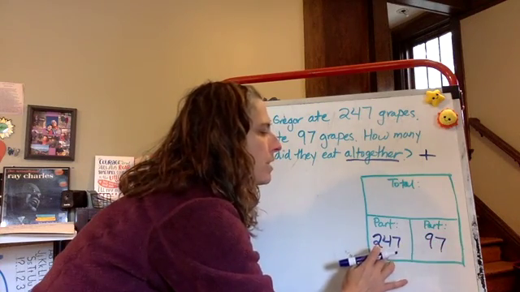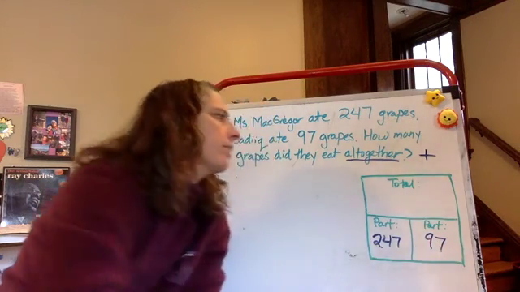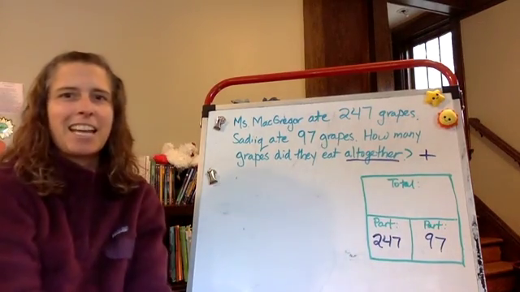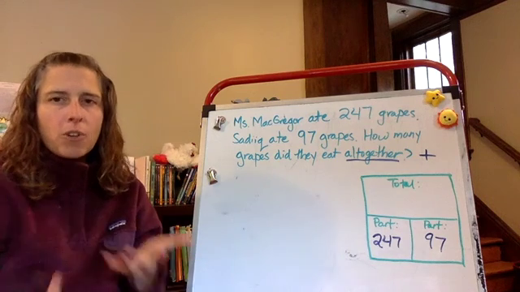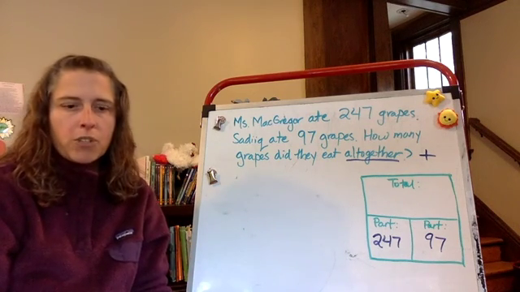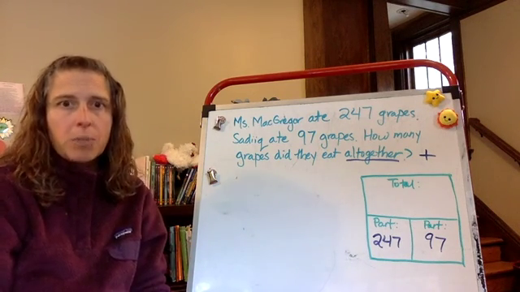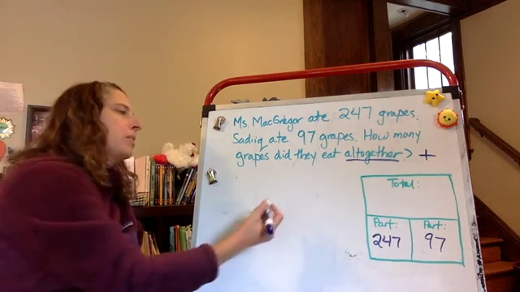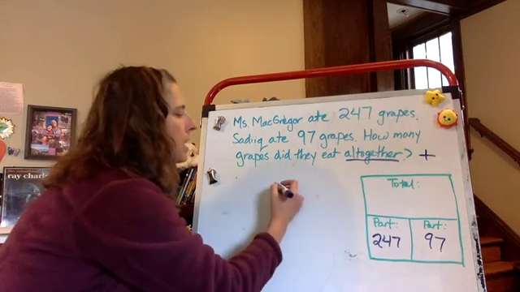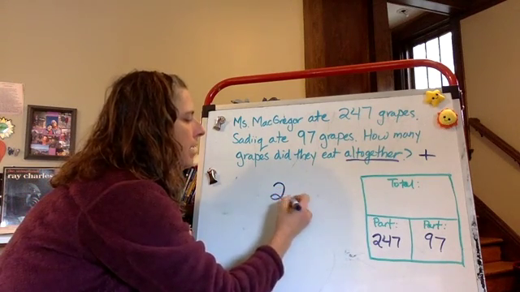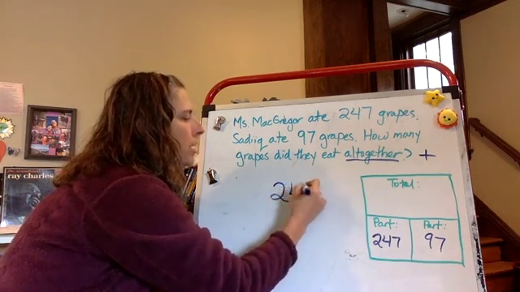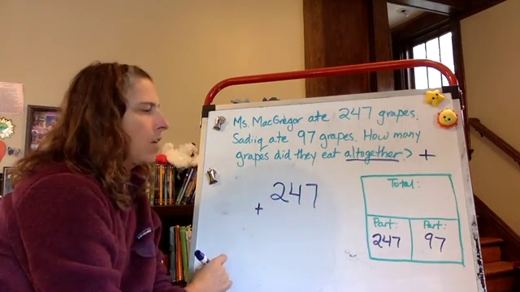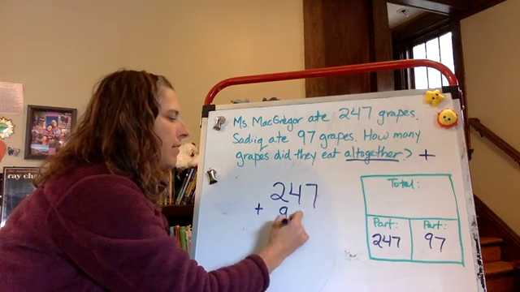So I have 247 grapes, and I'm going to add 97 grapes to it, and then we're going to find out the total number of grapes that Sadiq and I ate together. So in order to do this, the first thing we're going to do is when we add any numbers, we need to line them up, make sure in the ones place, in the ones column. So I'm putting the biggest number on top, and I have 247 right here, and now I'm going to add 97 here.